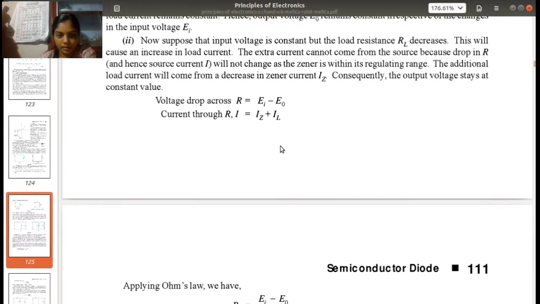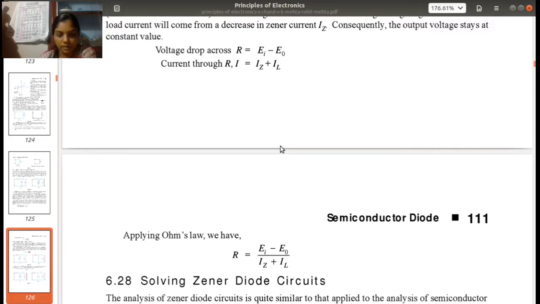Therefore, applying Ohm's law, V is equal to IR. Therefore, R is equal to V by I, that is (EI minus E0) by (IZ plus IL).